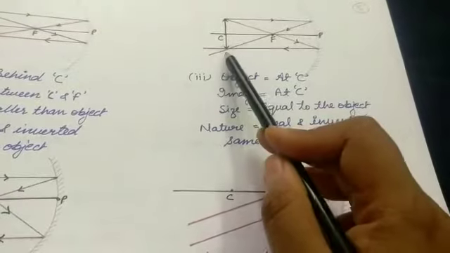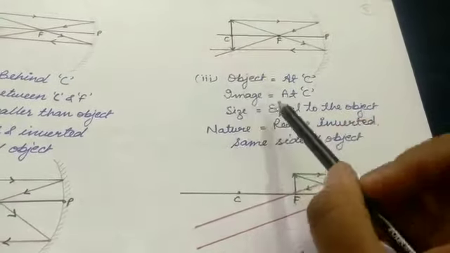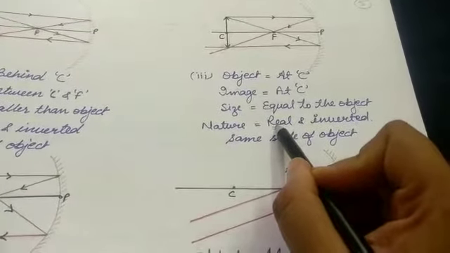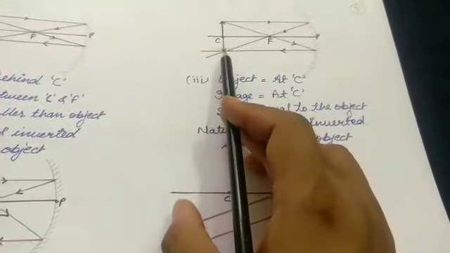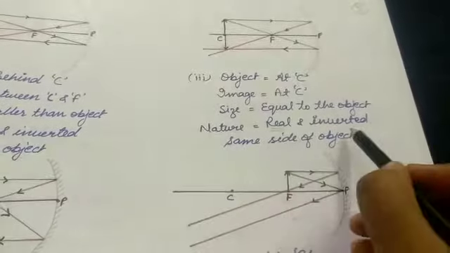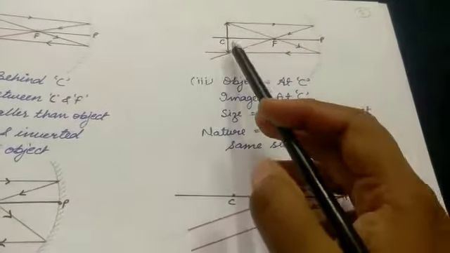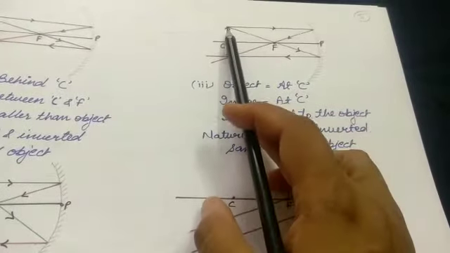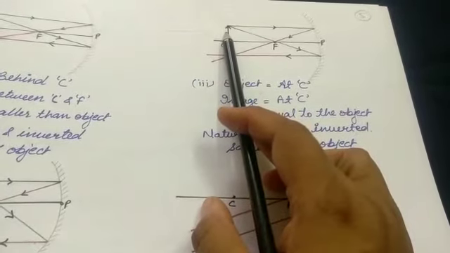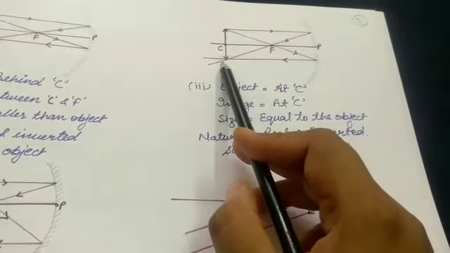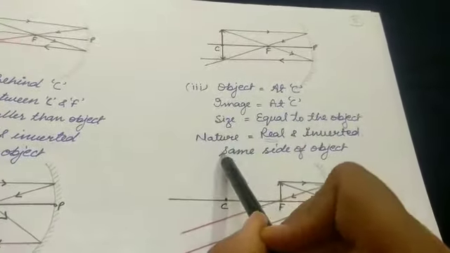The reflected light rays are really intersecting with each other, means the real image is formed. We can get it on the screen. And also we get to know that the image is inverted. Real images are always inverted. And again the image is formed on the same side of the object, where the object is kept in front of the mirror. The image is also formed in the front of the mirror. So this is the third case.